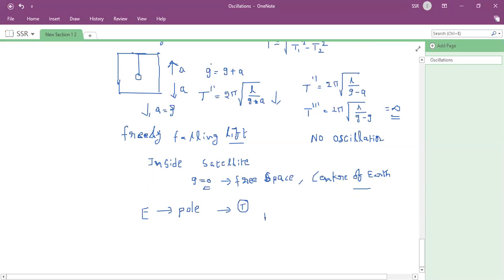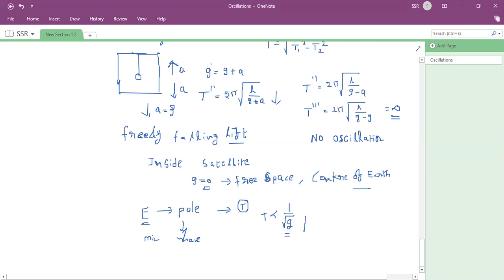Here T is inversely proportional to root g. Yes or no? At the equator, g value is minimum. At the pole, it is maximum. Yes or no? So g is going from minimum to maximum, then time period will go from maximum to minimum.